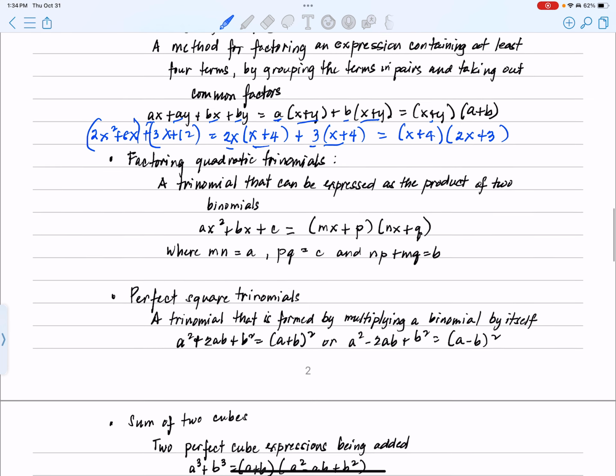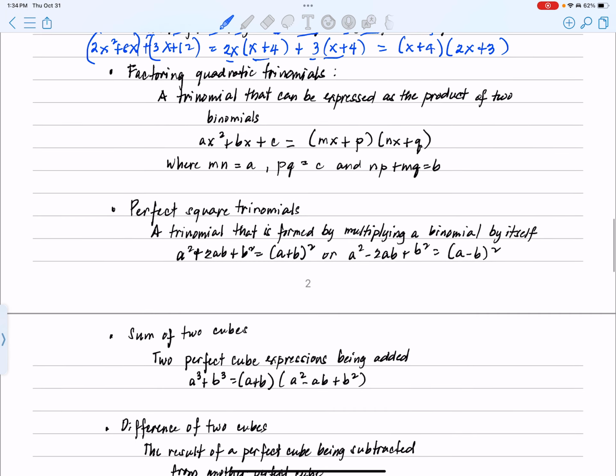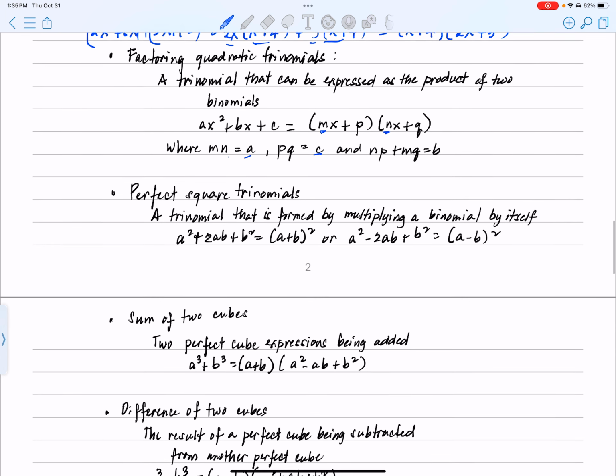Factoring a quadratic trinomial. A trinomial can be expressed as the product of two binomials. Like you have ax squared plus bx plus c, then you have mx plus p and nx plus q, where m times n is equal to a, pq is equal to c, and np plus mq equals b.